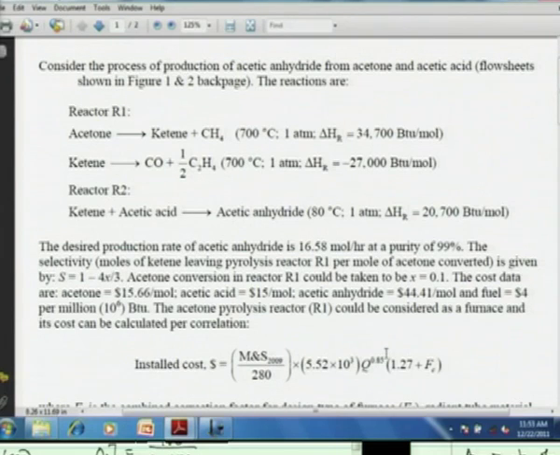Since the reactor is considered as a furnace, the heat duty Q is taken as the characteristic parameter, and the cost correlation is installed cost in dollars as M&S 2009 divided by 280. These are the cost indexes. When the cost correlation was proposed, the index was 280. In 2009, the Marshall and Swift index is given to be 1400.